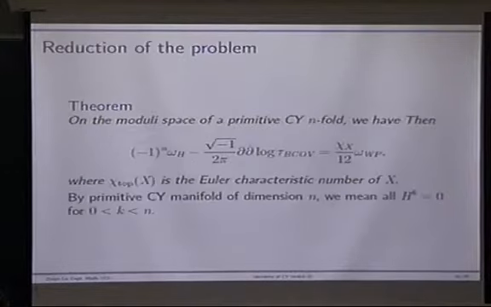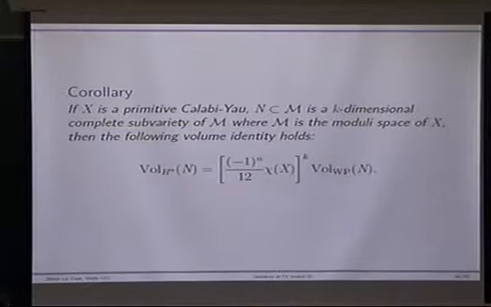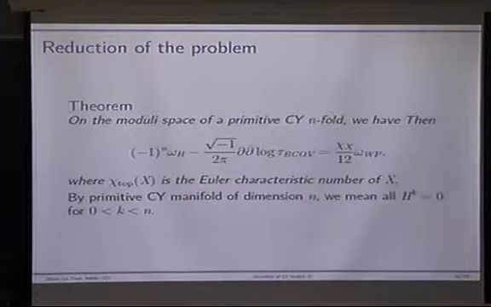Before we say more about this, let me explain an interesting consequence. From this identity, we will see that if n, omega_H, and the Euler characteristic number all have the correct sign, then the moduli space cannot be compact. Of course, nobody believes the moduli space of Calabi-Yau manifolds will be compact, but at least here is a proof.